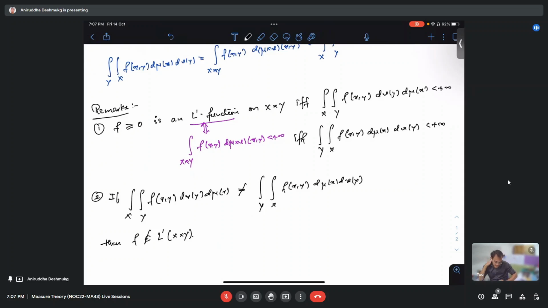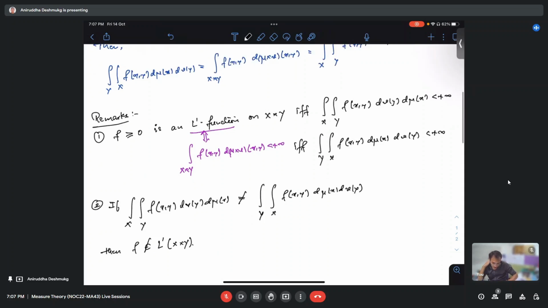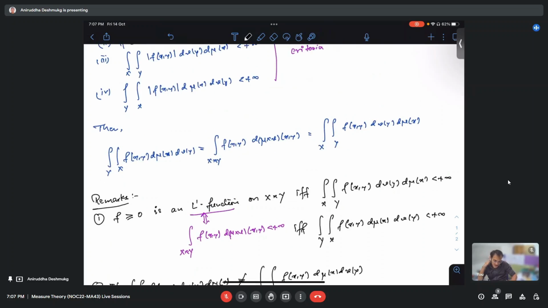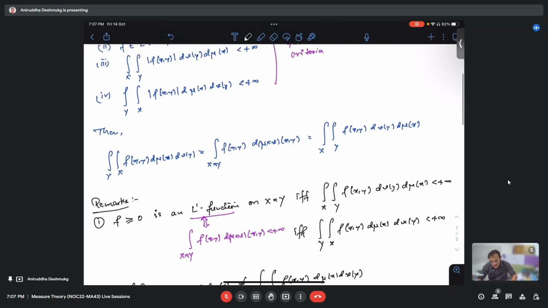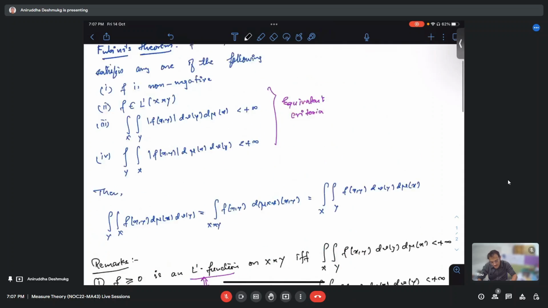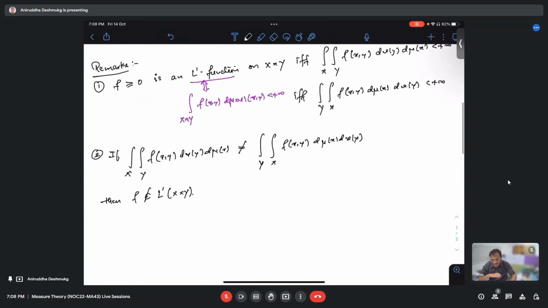Because if f was in L1 of X cross Y, then automatically these three things must be equal. In particular, the last two must be equal. So if the last two are not equal to each other, then none of these conditions can hold. In particular, f cannot be in L1 of X cross Y.